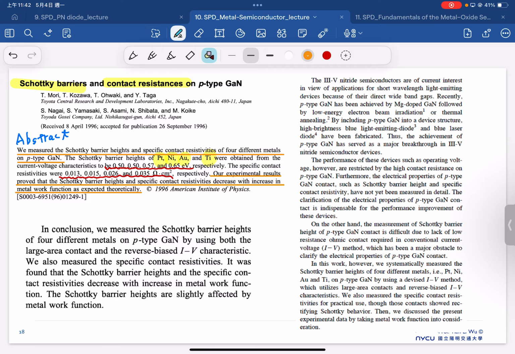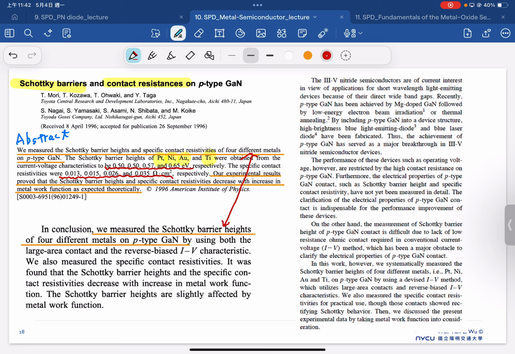Also if you look at the conclusion here, in conclusion, we measured the Schottky barrier heights of 4 different metals on p-type gallium nitride. You see this sentence is exactly the same as the abstract. The idea is that when you finish writing the conclusion, your abstract is, to be honest, just a refresh.